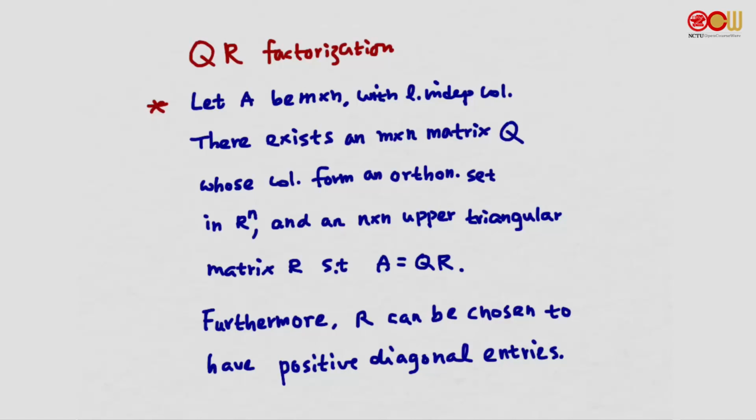Now let's state formally the QR factorization result. Suppose A is an n by n matrix, and the column vectors are linearly independent.